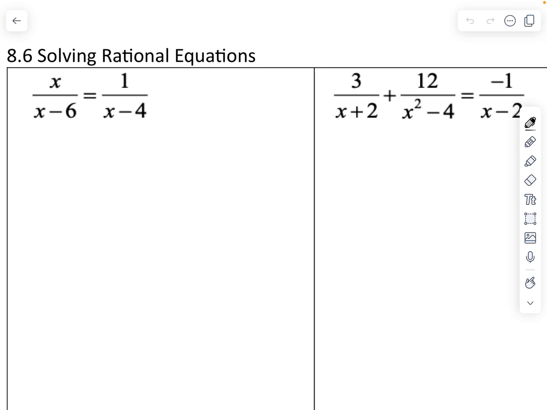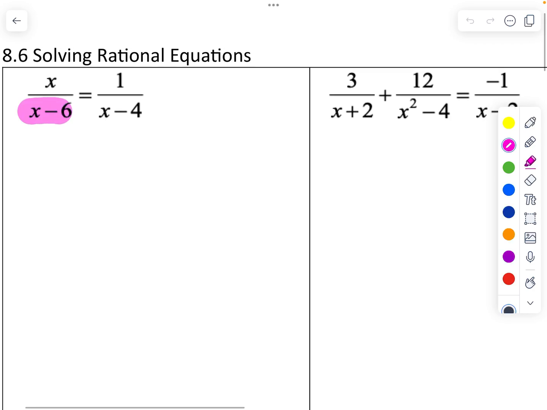because you cannot have a denominator that has 0 in it, the very first thing we need to do is look at our denominators, the first of which is x minus 6. We need to make a statement that whatever we find x to be, it cannot equal 6.